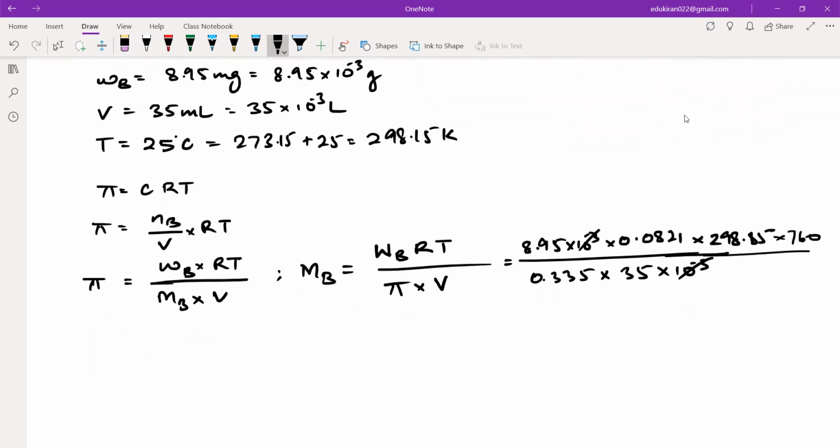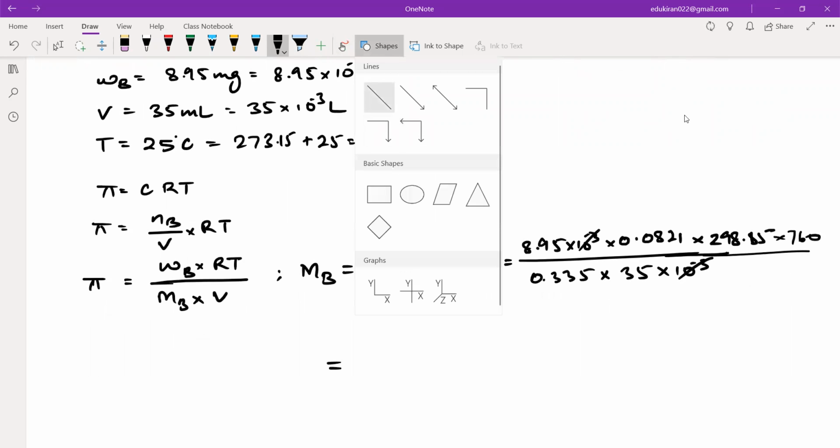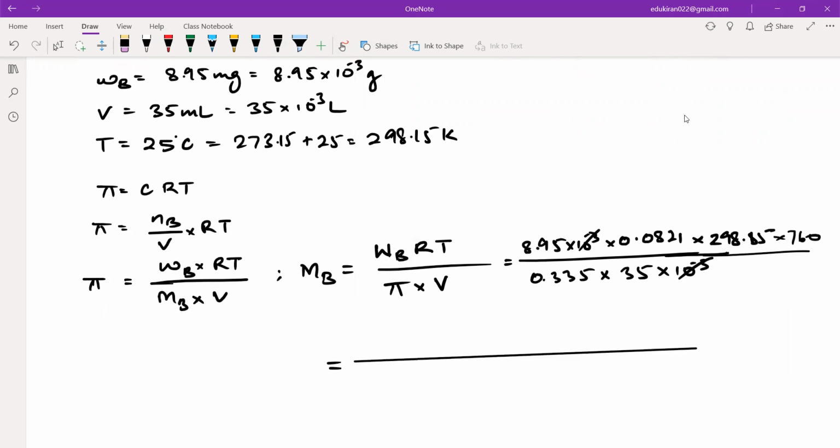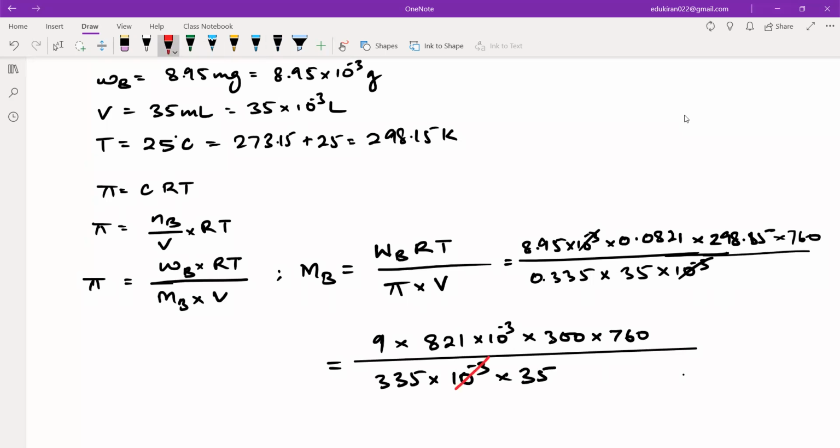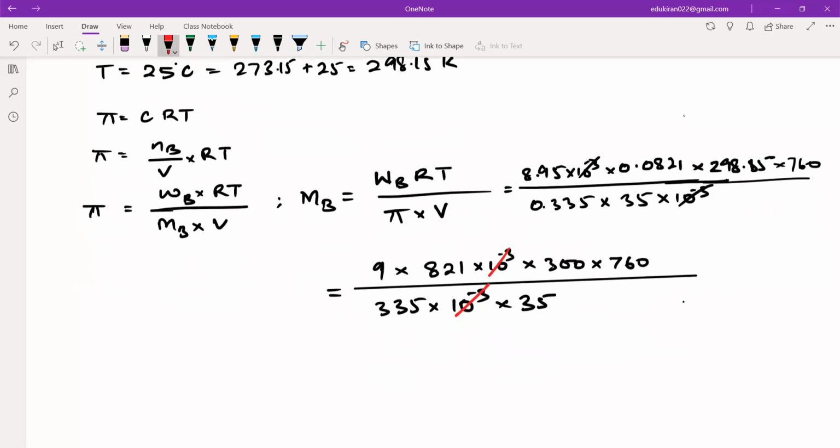Now listen, all of you. In such cases, what will you do? You will approximate. What can we take 8.95 as? 9 into 0.0821, write this first, 821 into 10 to the power minus 3, into 298.15, take it as 300, into 760. 0.335 is 335 into 10 to the power minus 3, into 35. Now you can cancel this and this. Calculate quickly within 2 minutes. It's not any more difficult now.